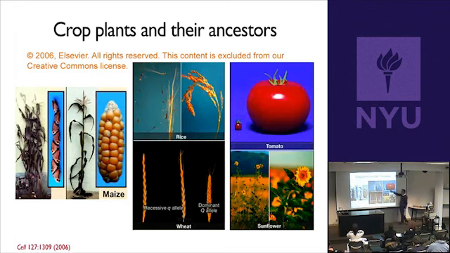Tomatoes, you'll see more examples later in the lecture of how dramatic some of these domestication events can be. So that's the ancestor of the tomato, tiny compared to our modern day tomatoes. Sunflowers and many other flowers are also domesticated, from what looks like a small yellow unruly wildflower to, again, a really tall plant with huge, huge flowers.